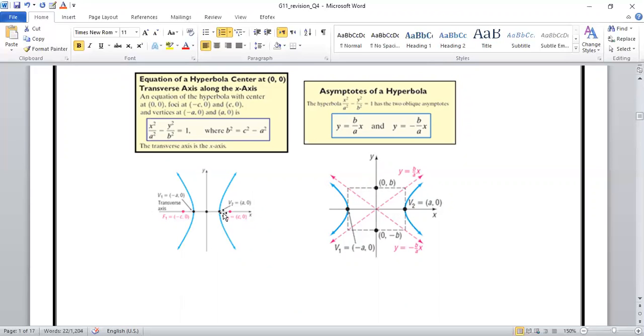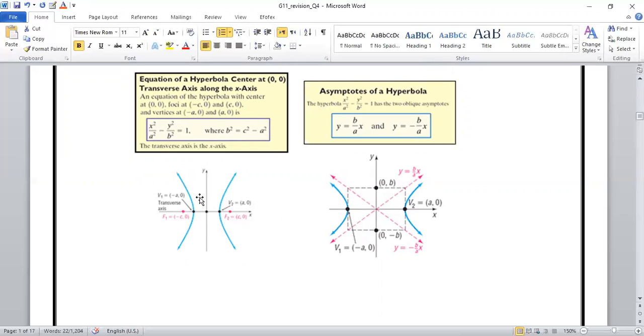Okay, the general form of the equation of a hyperbola, and we have two axes. The first axis is the transverse axis, and the other is the conjugate axis.